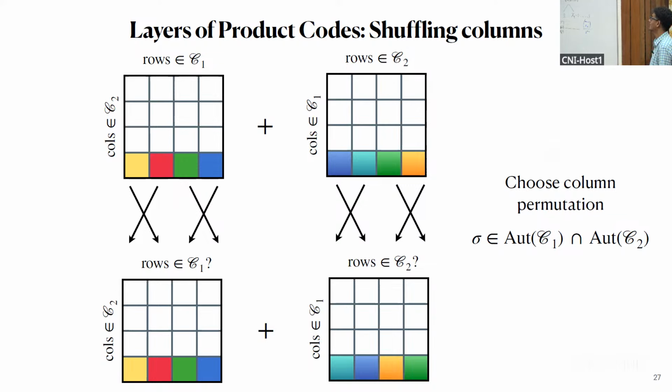Let's say you have the sum of two arrays. This is my overall code word, what you see on the top half of the page. I apply a column permutation. These rows which belong to C1 should continue to live in C1, and these rows which belong to C2 should continue to live in C2. One easy way to guarantee this is to pick sigma in the intersection of the two automorphism groups. Again, then you are done.